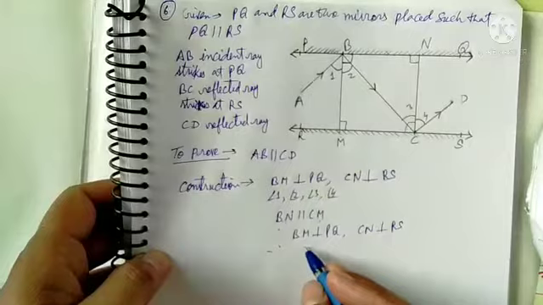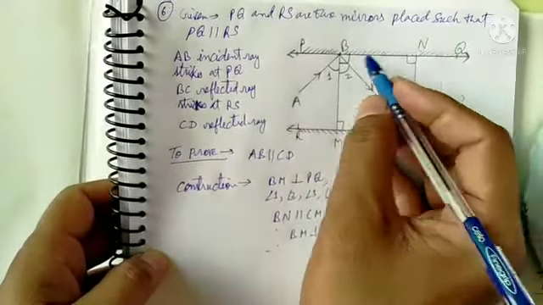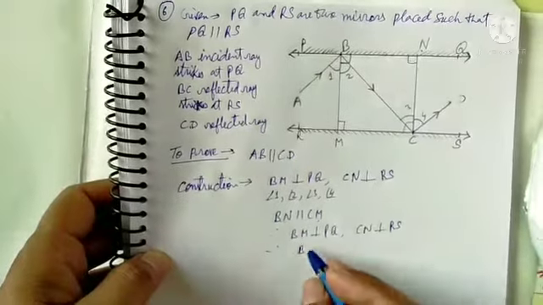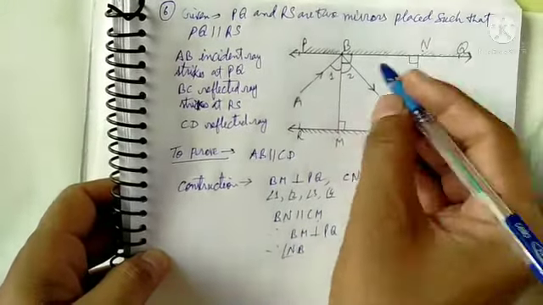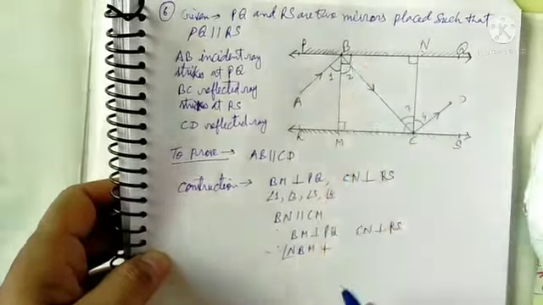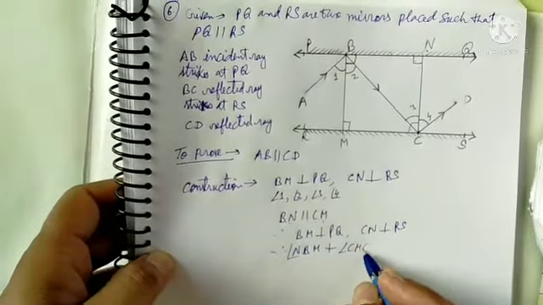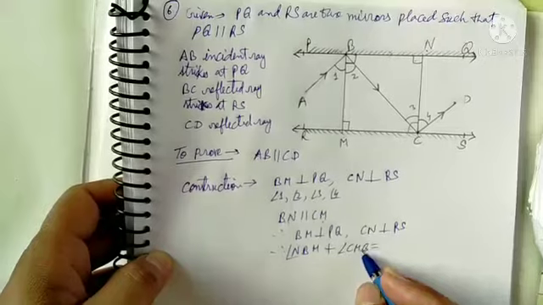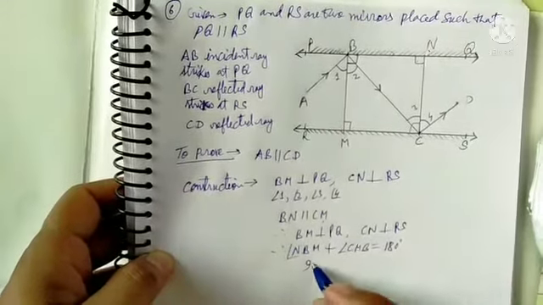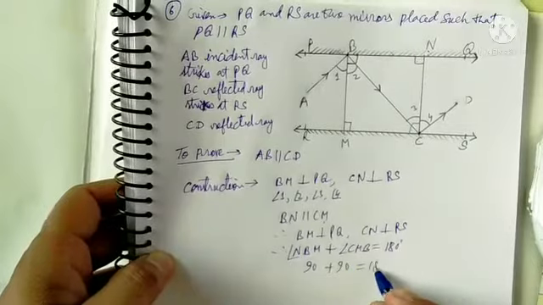these are co-interior, means angle NBM plus angle CMB is equal to 180 degree. 90 plus 90, 180 degree.